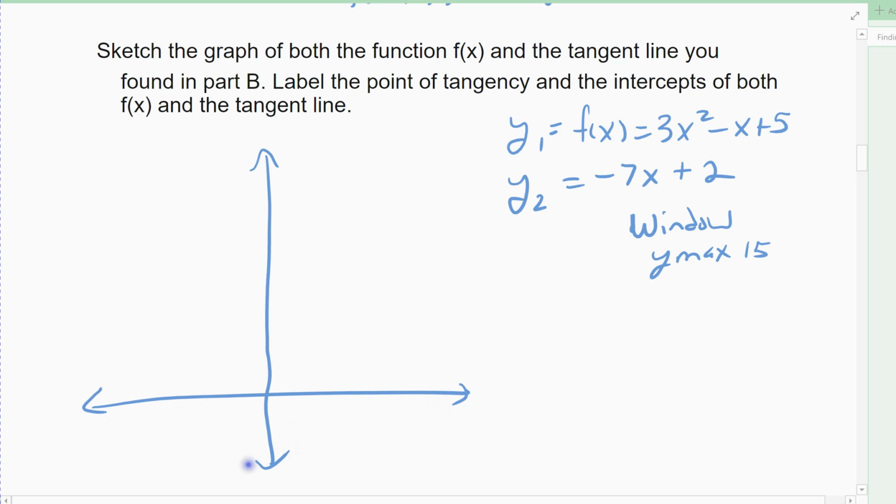So the parabola opens up. When I plug in 0, it's at 5, and I know I need to go up to 9. So 1, 2, 3, 4, 5, 6, 7, 8, 9. -1, +1. So 1, 2, 3, 4, 5.